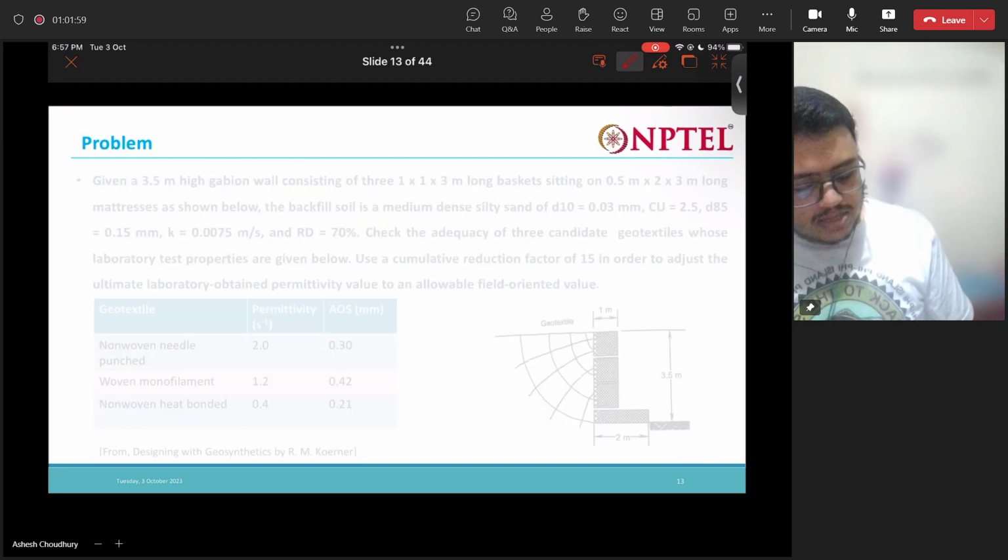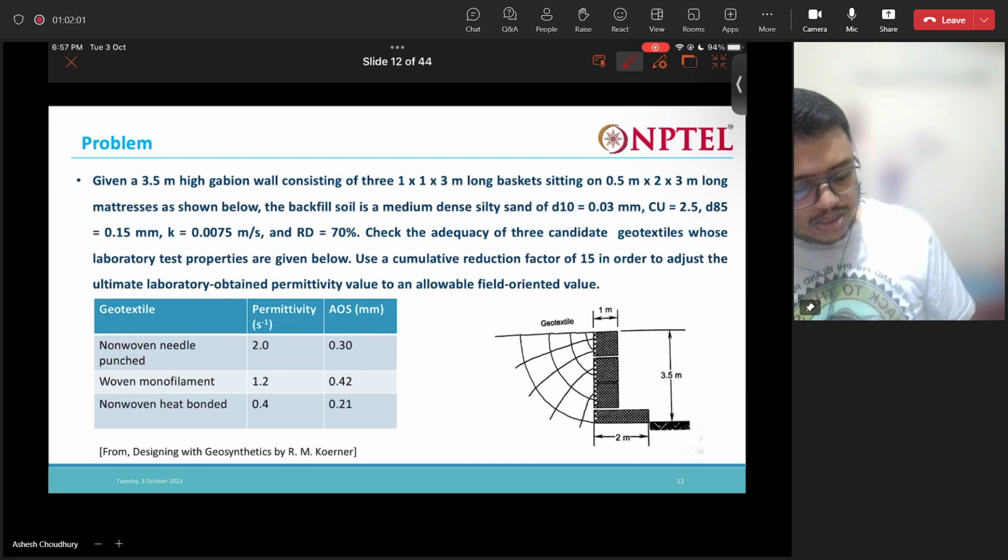So we have an arrangement like this. What we need to do is construct the flow lines and the equipotential lines. Okay, we need to construct the what? You need to construct the flow net.